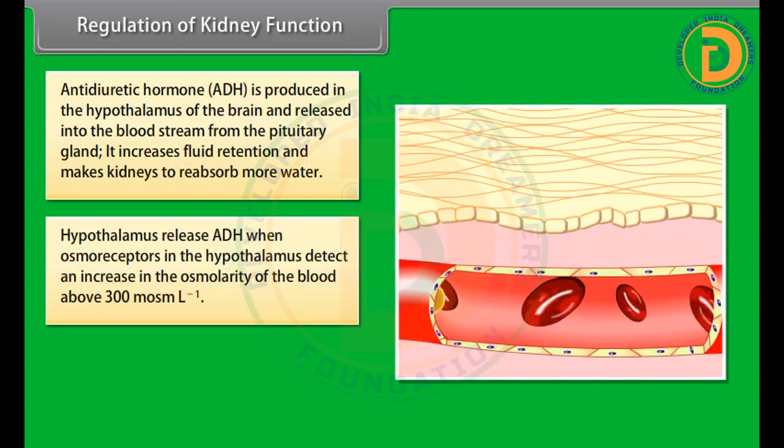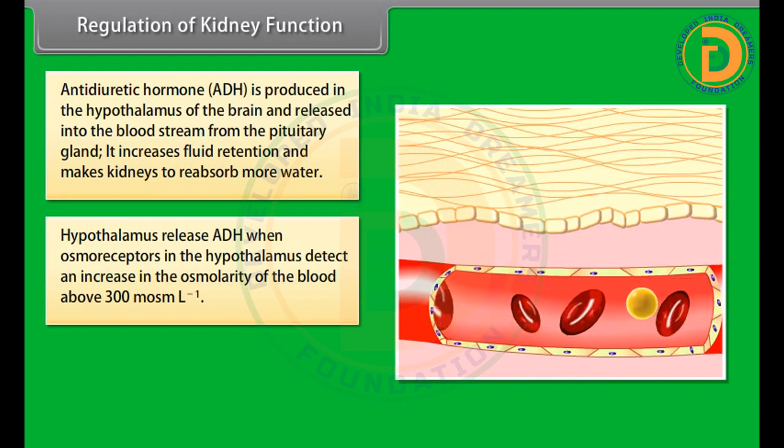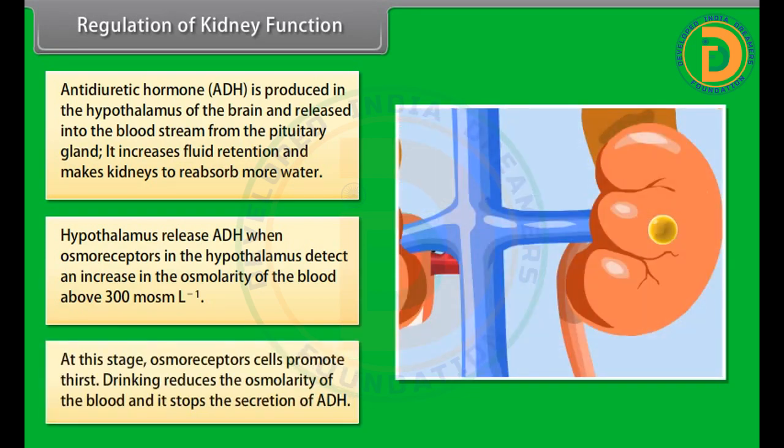The hypothalamus releases ADH when osmoreceptors detect an increase in the osmolarity of the blood above 300 milliosmoles per liter. At this stage, osmoreceptor cells promote thirst. Drinking reduces the osmolarity of the blood and stops the secretion of ADH.